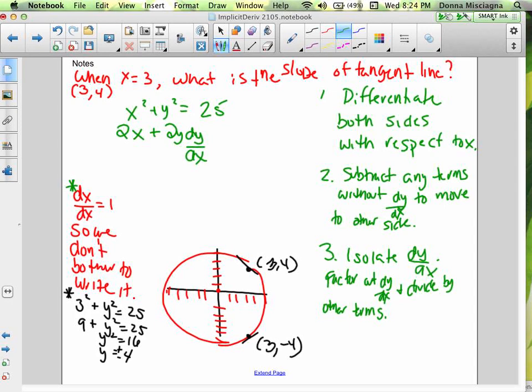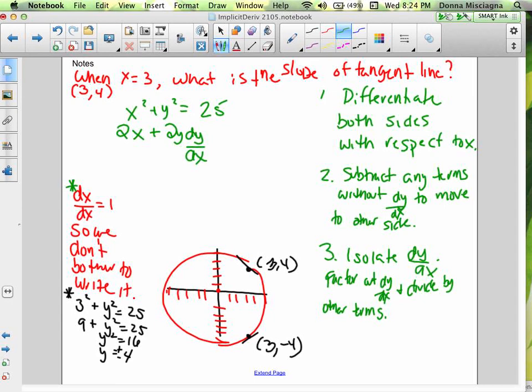Well, the derivative of x with respect to x, you might want to put that in your notes so you never ask this question again, is dx dx, which is just 1. Right? Anything divided by itself, with the exception of 0 divided by 0, which we know is undefined or indeterminate, would be 1. Right? So we don't bother to write it down because it'd be just like multiplying by 1.